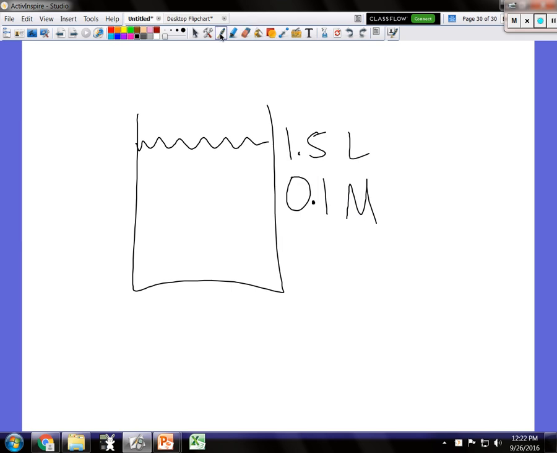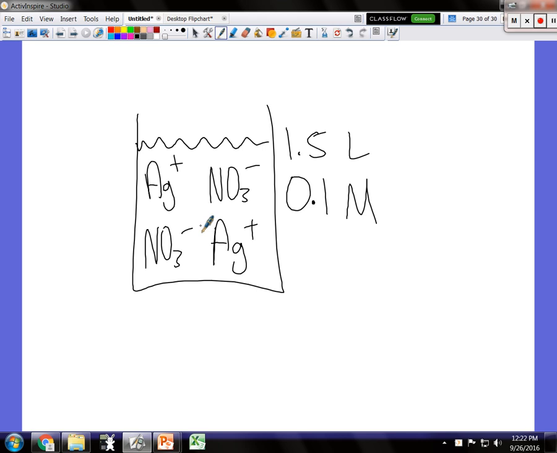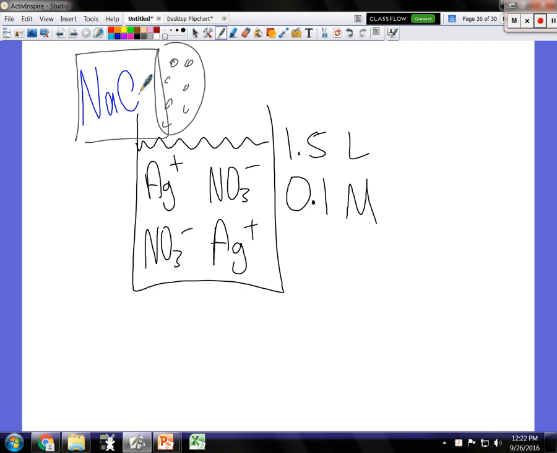Okay, so in this beaker, we've got Ag plus and Ag plus floating around, and I've got NO3 minus and NO3 minus floating around. And what we're going to do is take a salt shaker, and this salt shaker is sodium chloride solid.